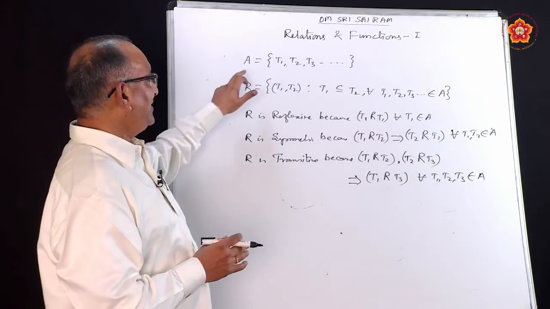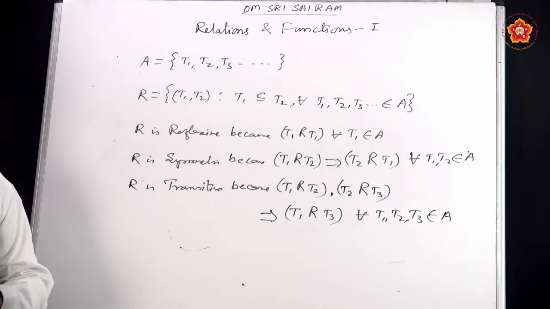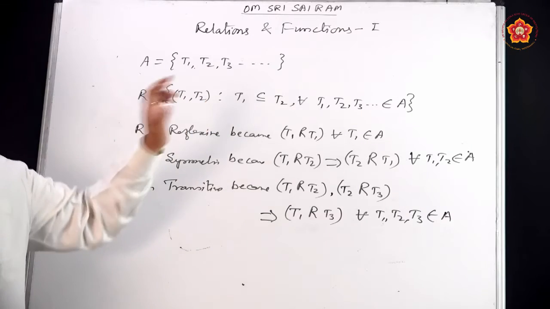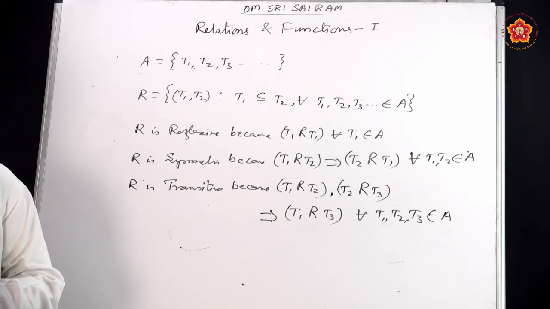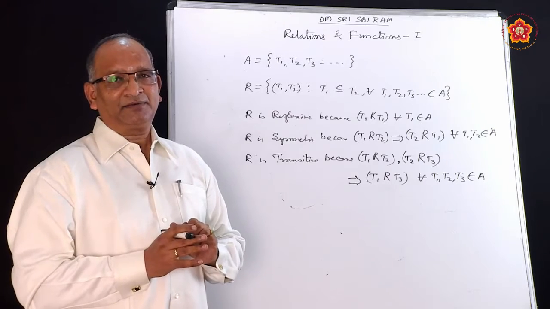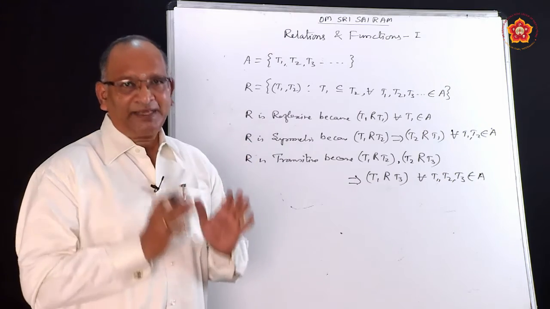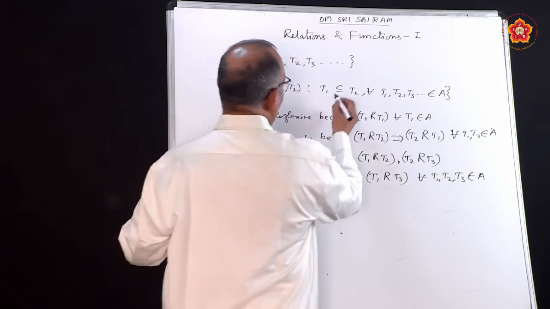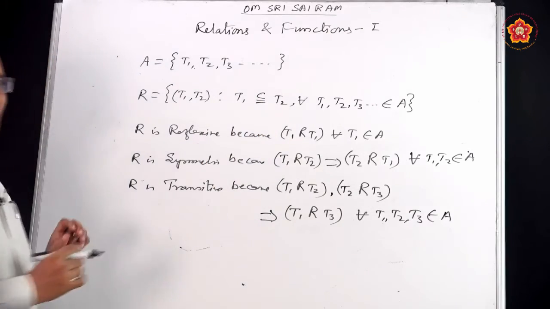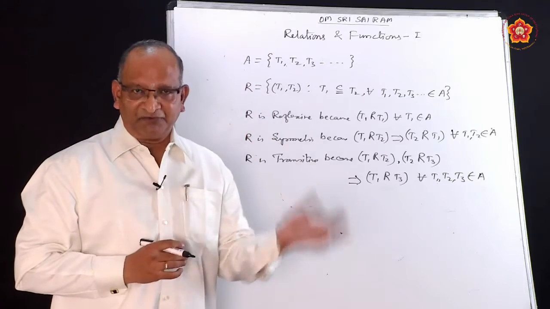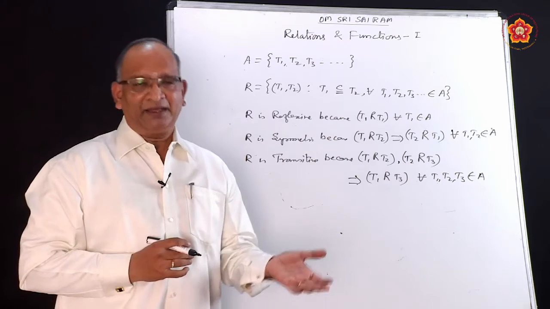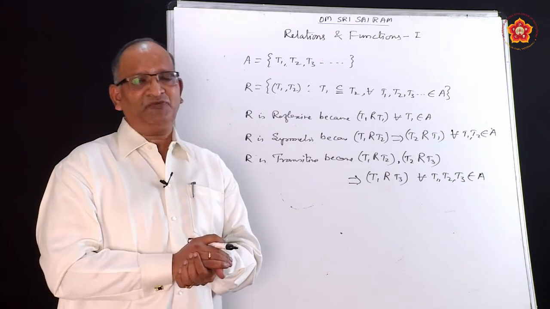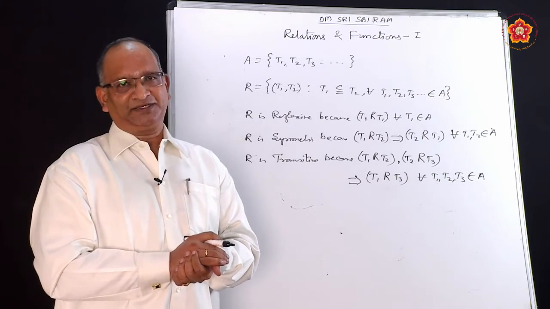So, we find that in a given set A of triangles, for the given relation R, which is about congruency, we conclude that the congruency is an equivalence relation. Congruency is an equivalence relation. Why? Because it is reflexive, it is symmetric, as well as it is transitive. So, this is the definition of equivalence relation.